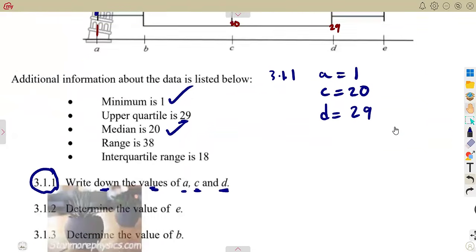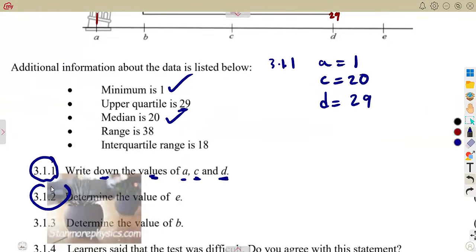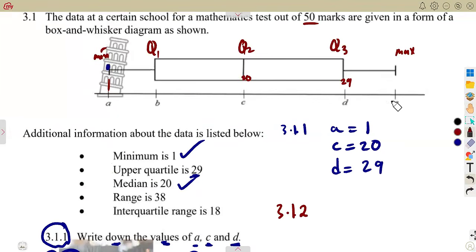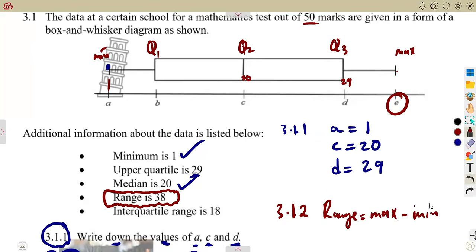Then determine the value of E. How can we determine the value of E? From this diagram again, E represents the maximum value, but we are not given it here. But the range consists of the maximum value. Remember that range is the difference, maximum minus minimum value.